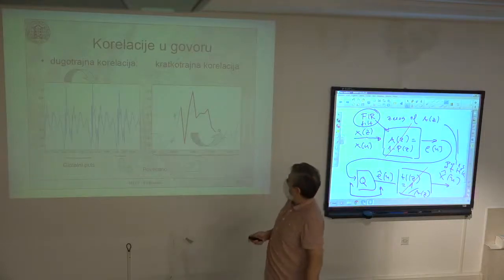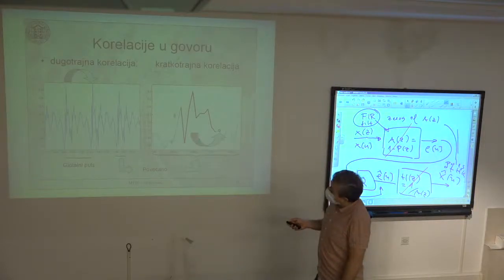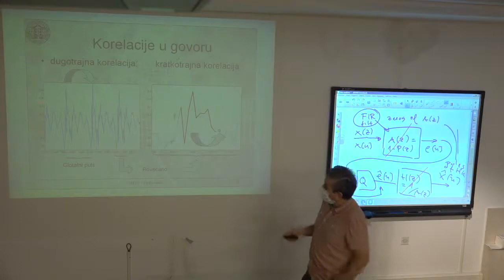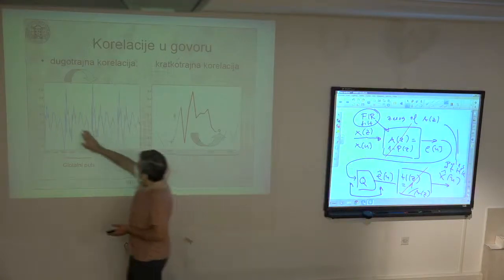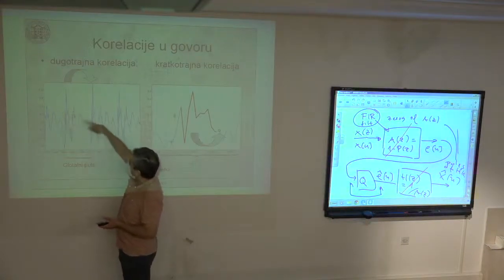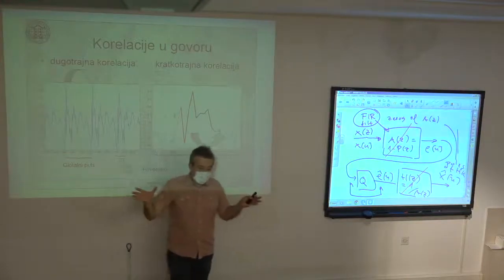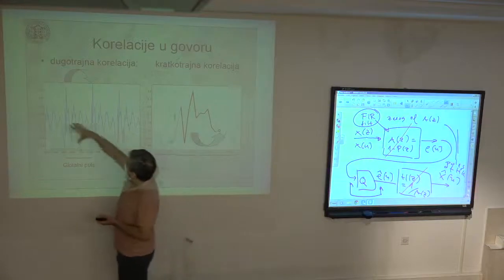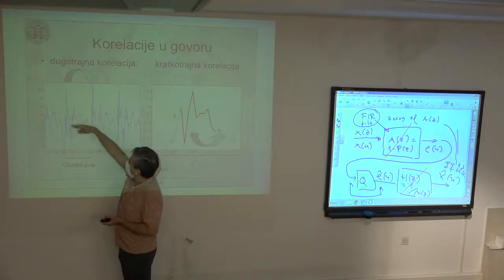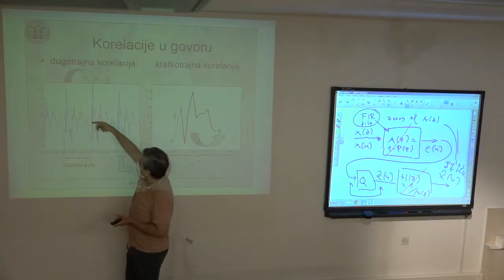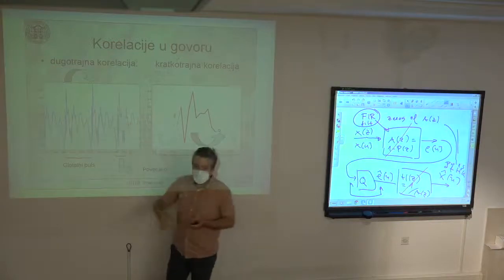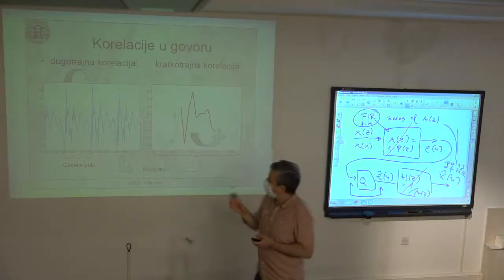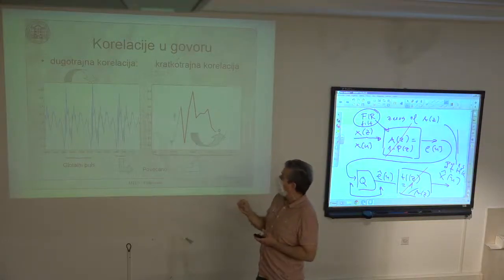Okay? And now I will depict these long-term correlations. So this here is one pulse that is resulting from one opening and closure of the vocal folds. So this puff of air, after passing through the vocal tract, at the output of the vocal tract gives a certain waveform. And this waveform is repeated once the vocal folds are opened again and closed again.